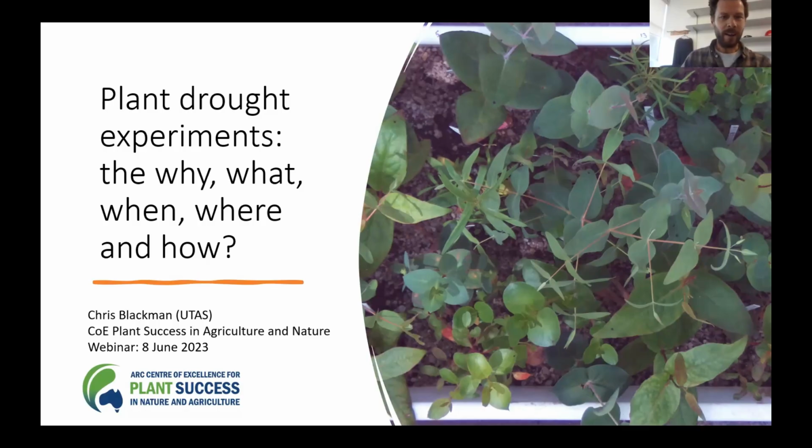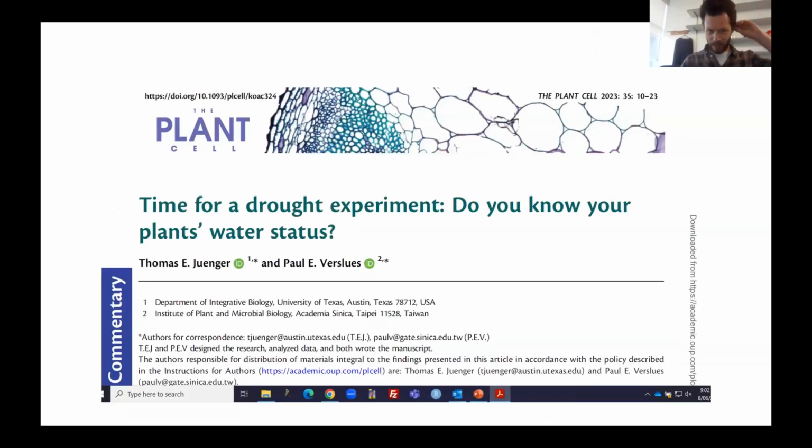So I ended up landing on this paper, which wasn't my own efforts. This came from Jazz, who shares the office here at UTAS with us, and it dawned on me that it would be a good opportunity to talk about my experience running drought experiments under controlled conditions, in particular because the centre is very much interested in drought and how plants are going to respond to drought.